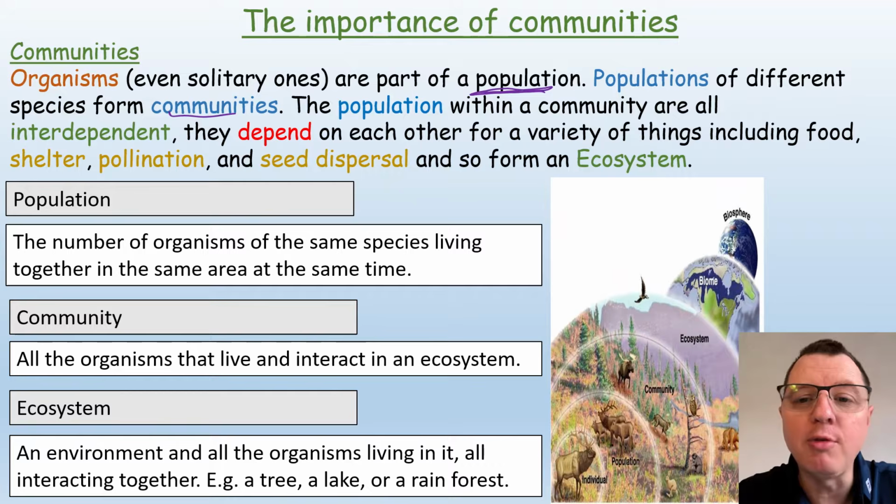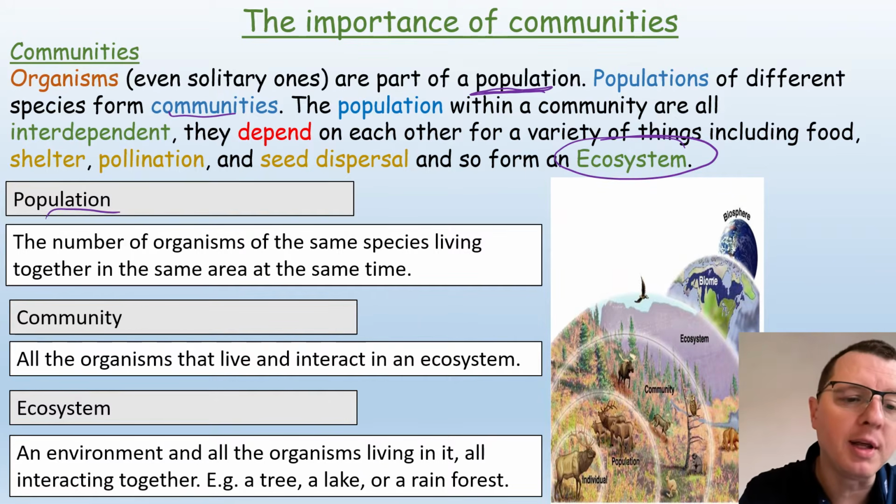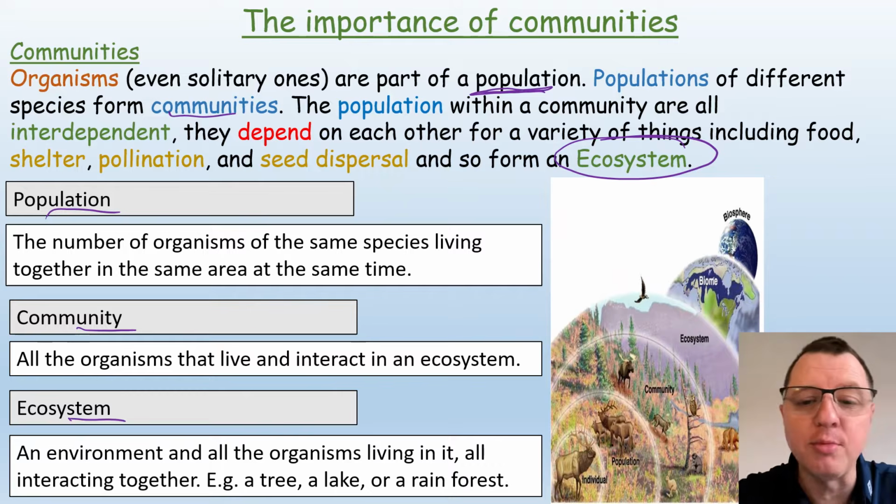The populations within a community are all interdependent. They depend on each other for a variety of things, including food, shelter, pollination, seed dispersal, and so they form an ecosystem. So these words, population, community, and ecosystem, all have very specific definitions when it comes to ecology.